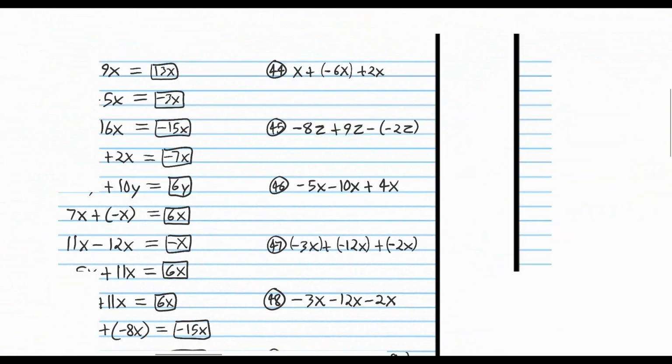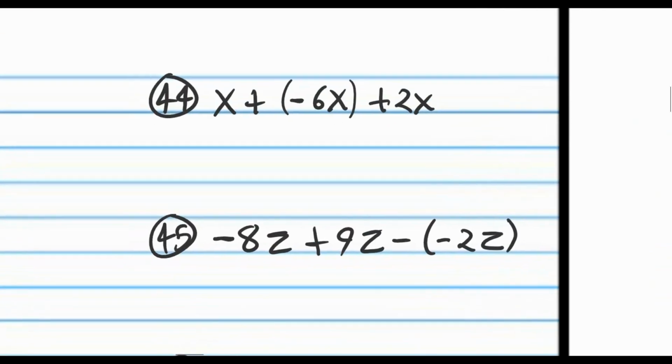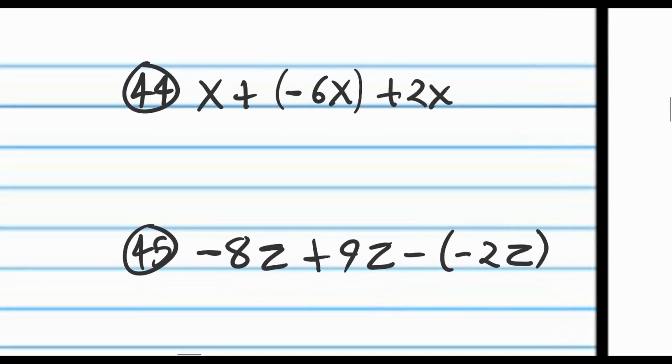So we'll do some of these together, and you can try some on your own later on. So this is just an x by itself, but that means 1x. A lot of students will consider this to be 0x's. That's not 0x, that's 1x. 1x plus negative 6x is negative 5x. Negative 5x plus 2x is negative 3x.